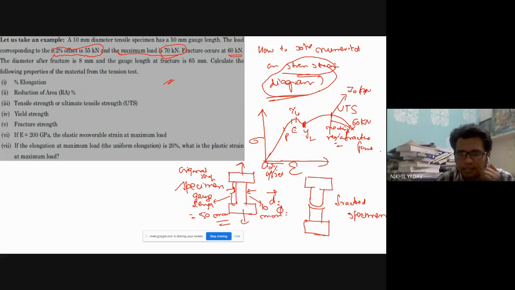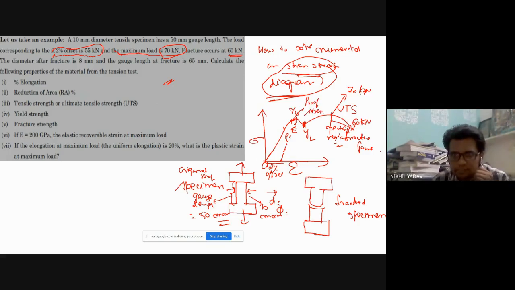Okay, and if we draw a line parallel to this one, then the load corresponding to this, beyond the elastic limit, at this point will be known as the proof stress.